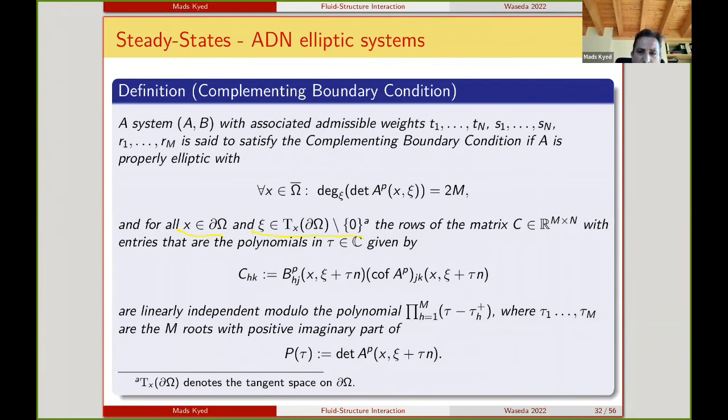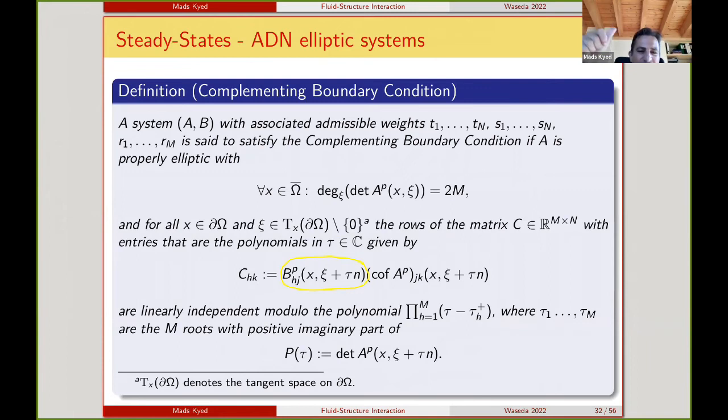Now you construct, using your boundary symbols, or rather the principal part of the boundary symbols, polynomials in this way down here.